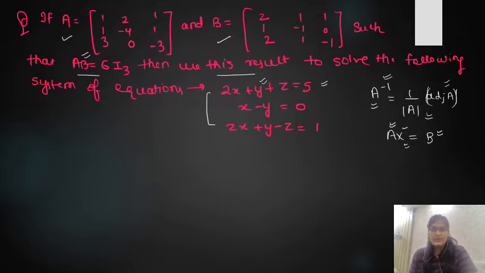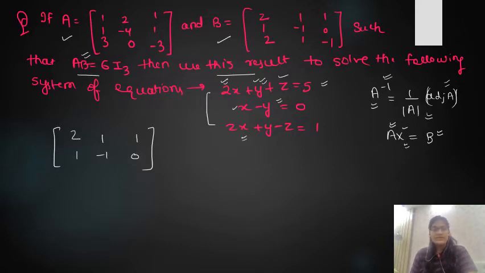Now first of all, make it clear which matrix is forming because of the equations. So this is the coefficient of x, which is 2 here. Then the coefficient of y is 1 for this equation, the coefficient of z is also 1. Then in another equation, the coefficient of x is 1, the coefficient of y is -1, and the coefficient of z is not given, so 0.